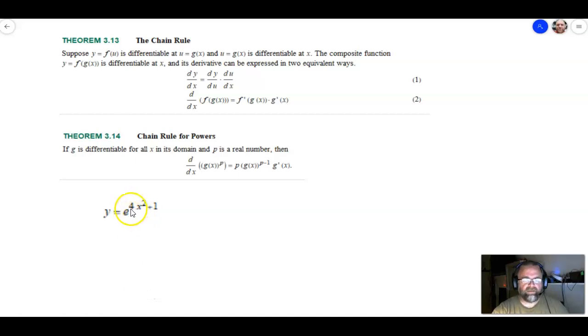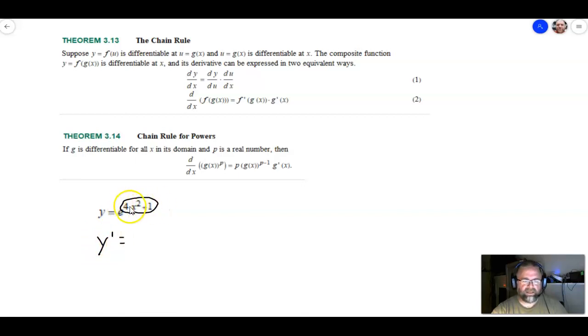All right, so here we have e to the 4x squared plus 1. So we can look at the 4x squared plus 1 as our inside function, and then e to the u is our outside function, e to basically this thing. So when we do the derivative, y prime is going to be the derivative of the inside function.